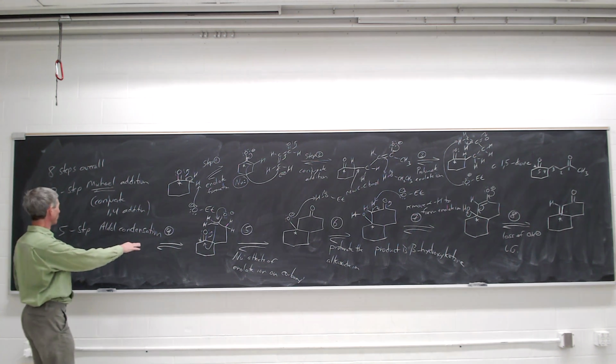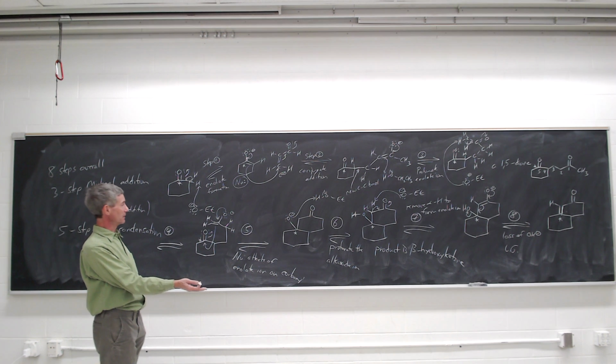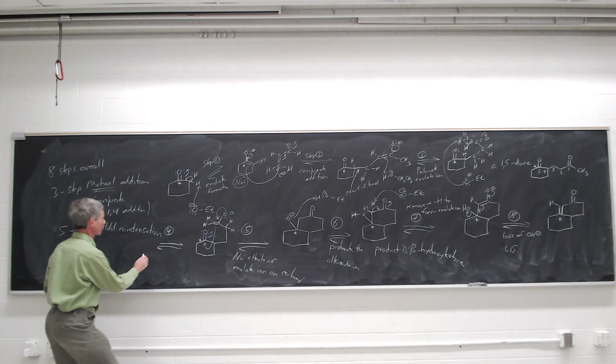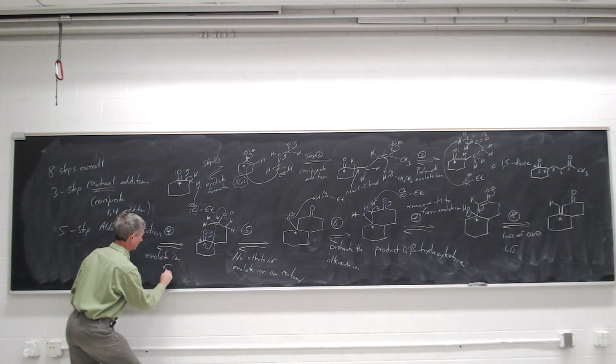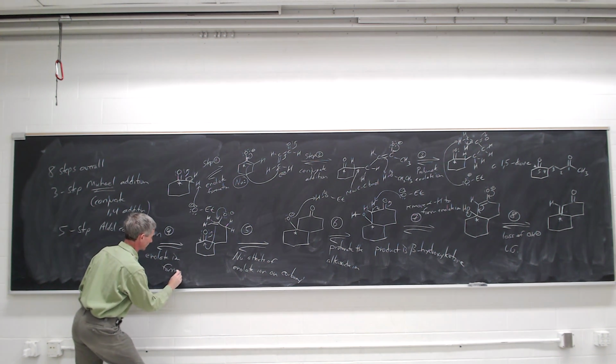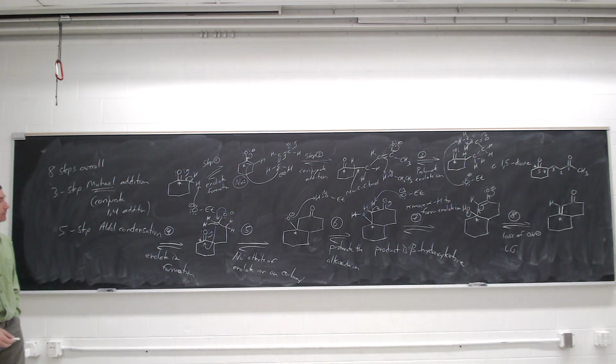And on the bottom of the board, we have the 5-step aldol condensation: enolate ion formation, nucleophilic attack, enolate on the second carbonyl, protonation of the alkoxide ion, removal of the additional alpha hydrogen for a new enolate ion, and then elimination of the hydroxide leaving group to form the alpha beta unsaturated carbonyl compound.